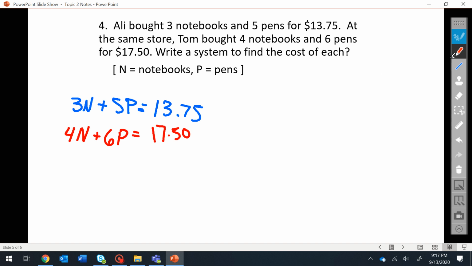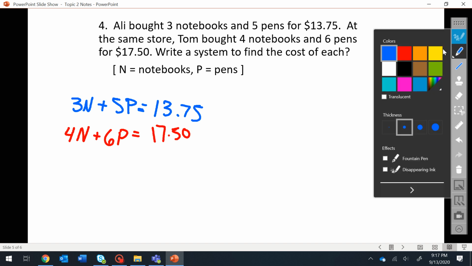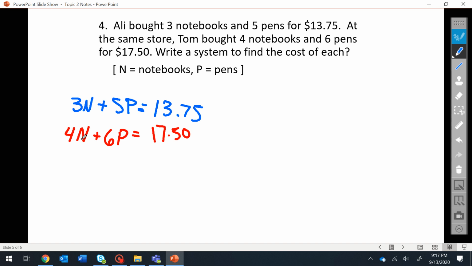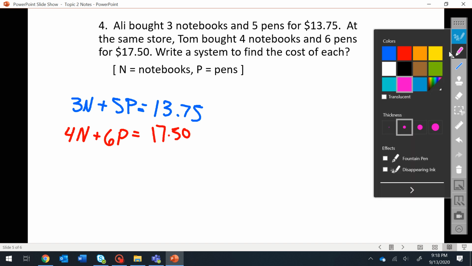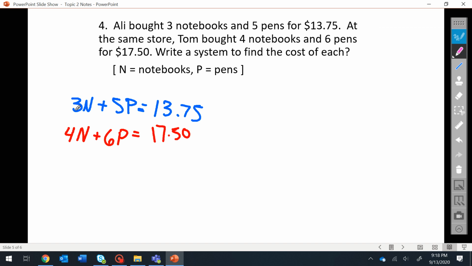Alright, so we are going to have to change not one of these equations, but both of them, because there's no way to make 3 and 4 the same, or 5 and 6 the same, without changing them both. So I'm going to work on the 3 and the 4. If I can make one of these 12 and one of these negative 12, then they will cancel out. So I'm going to multiply this first equation by 4.